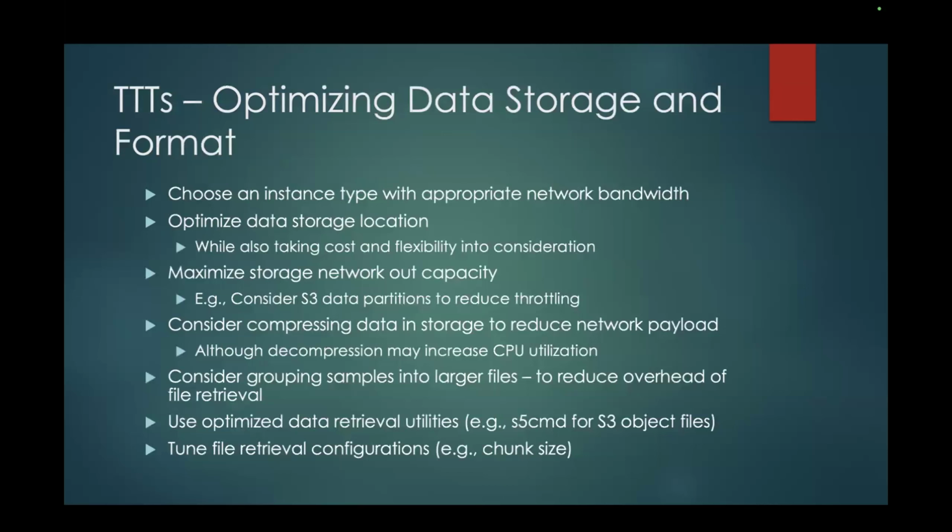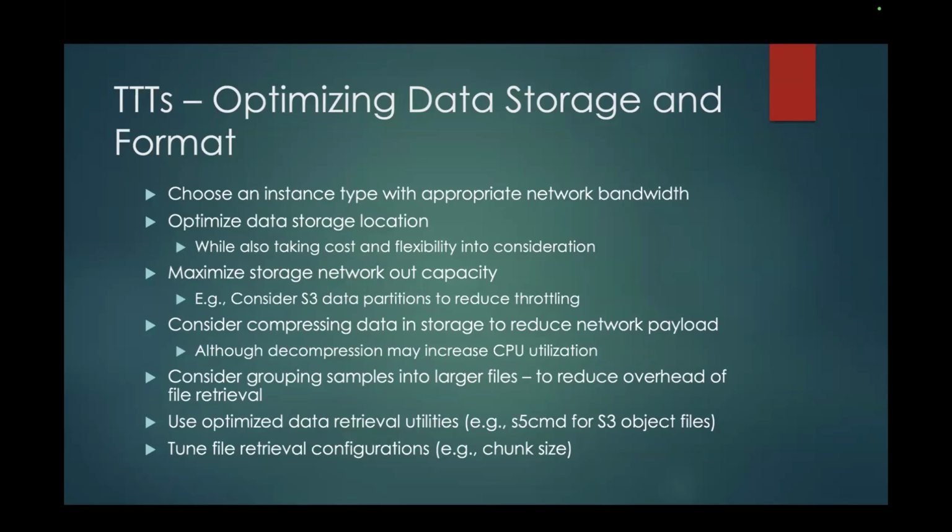Regarding data storage and format, optimizing both the data storage and the format, those are two separate things that can greatly impact the data loading speed. The first one I mention here is to choose an instance type with appropriate network bandwidth.